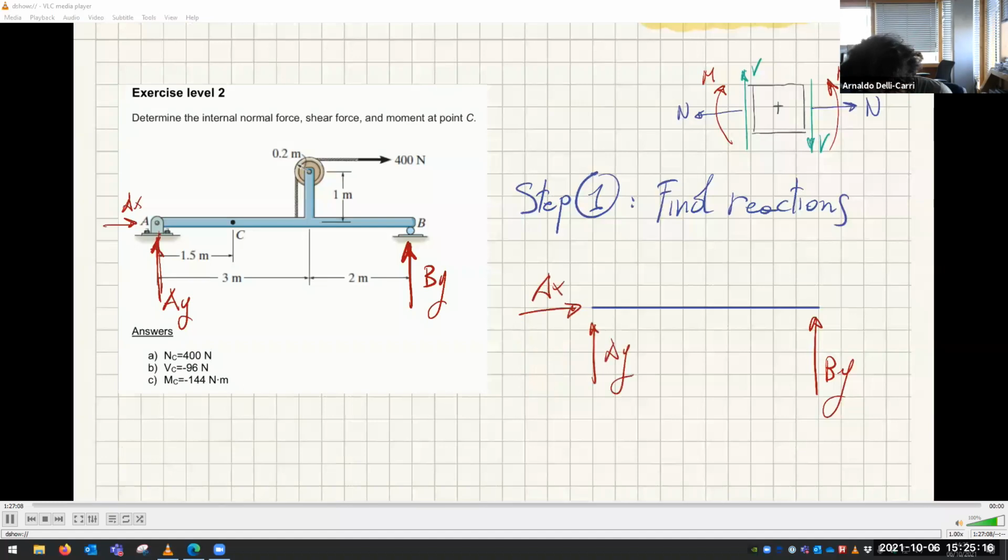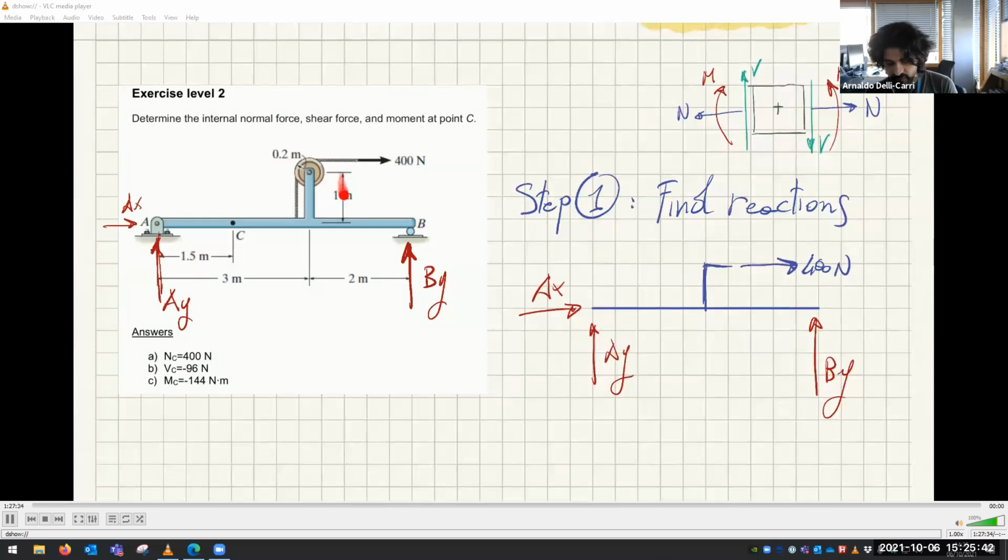Something like this, with an active force of 400 newtons. Do we care about what's happening inside here? We don't care. We want to know what's happening here. So for all intents and purposes, this thing is just applying an external force at this distance here.